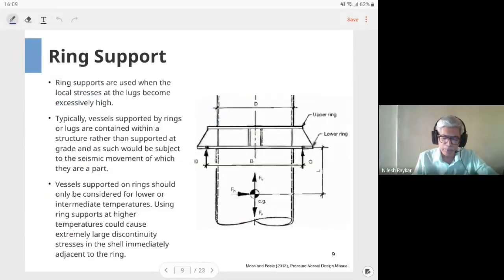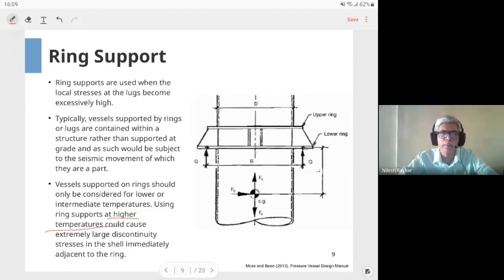One point that should be noted about the ring support is that it is not to be used for high temperature service. For high temperature service, it is not recommended, because of the thermal expansion of the vessel, it may interfere with the clearance that you have provided between the ring and the vessel outside surface, and will cause problems.